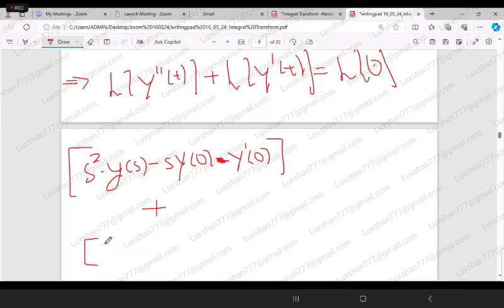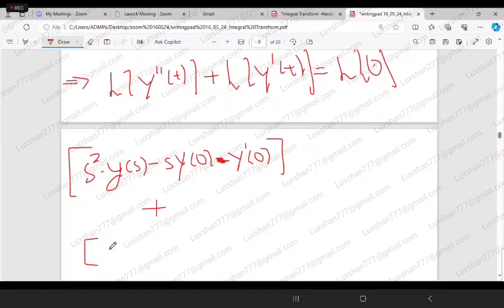One of you? Please tell me, I'm waiting for your response. If you are able to tell Y double dash t, then Y dash t is easy. Tell me what is the Laplace transform of Y dash t?